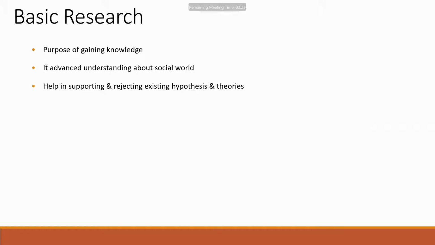Basic research. The most important thing about a basic research project is gaining knowledge, inventing knowledge, or discovering new knowledge. That is the most important thing when we talk about basic research.